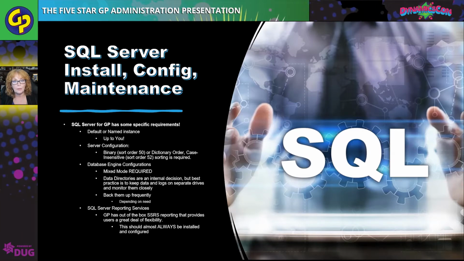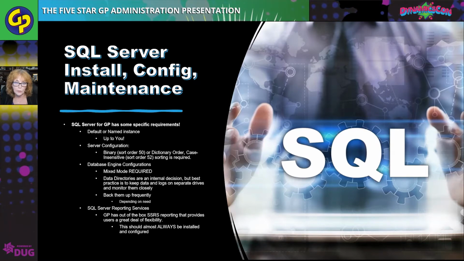This is because GP didn't start out as a SQL product. It started out ages ago in the 80s, and it went through a lot of iterations and then became a SQL product, and therefore you cannot treat Dynamics GP databases like every other SQL database, unfortunately.